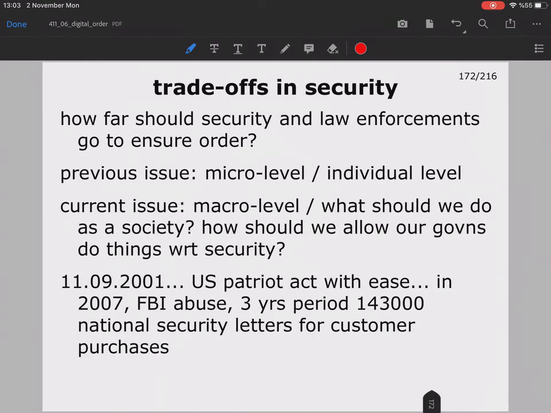In 2001, after the attacks on the Twin Towers, the United States Patriot Act passed with ease. In 2007, they found out that the FBI was abusing this Patriot Act. In a 3 year period, for example, over 100,000 national security letters were issued for just customer purchases.